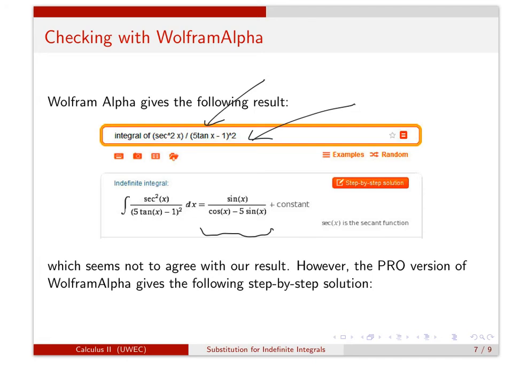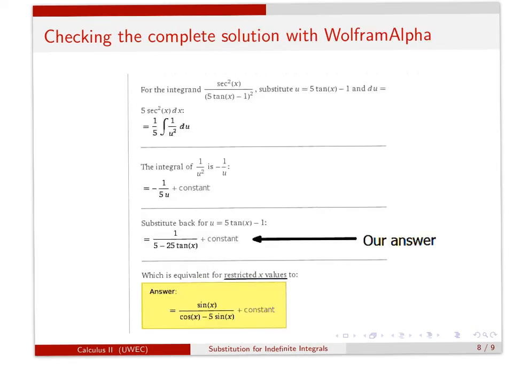But if we go through the step-by-step solution with the pro version, here is what we get. Notice it's doing exactly the same steps as shown in previous work, and in fact, at a certain point, as indicated right here, it found exactly the same answer we found. What WolframAlpha did apparently is do a conversion with some trig identities to the answer that it showed.